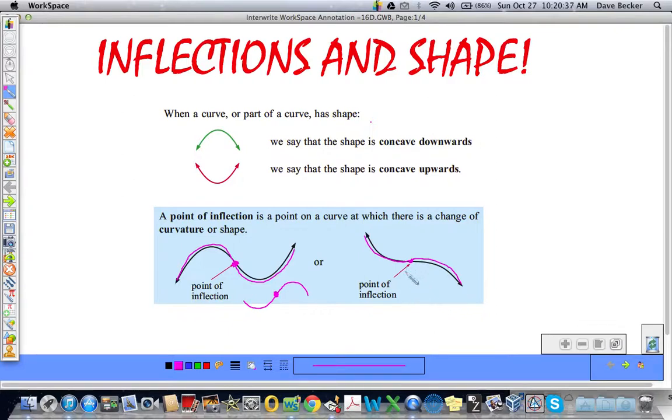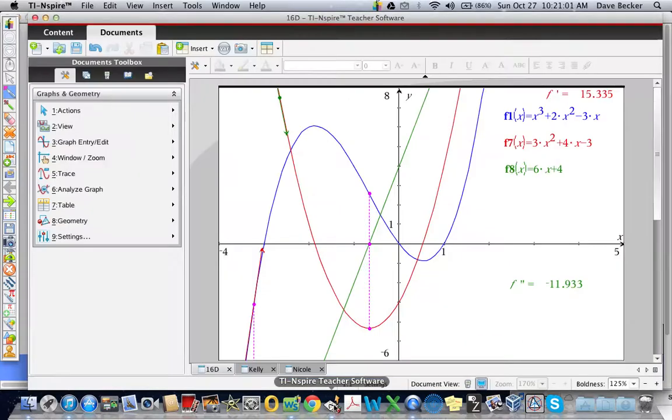Another way we could have a point of inflection is if our function was continually increasing, going from concave up to concave down.